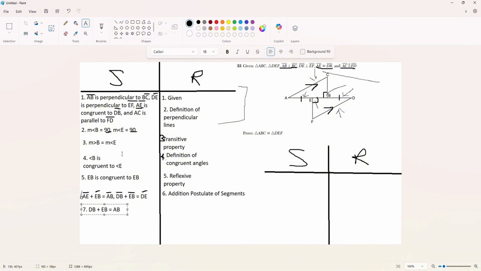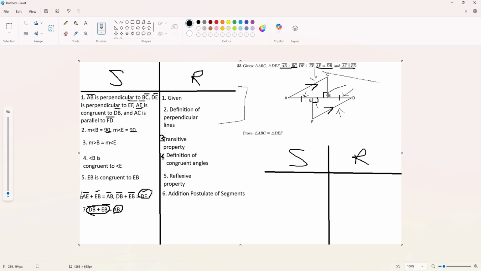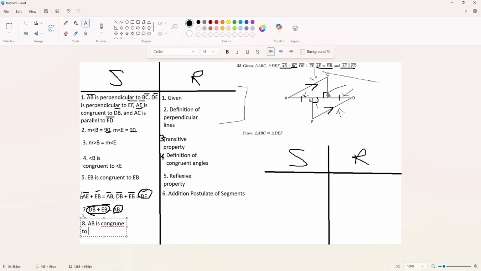Now, what you guys will notice is that DB plus EB is equal to AB, right? It is also equal to DE. So now, because of the transitive property, we are able to find that segment AB is congruent to segment DE.